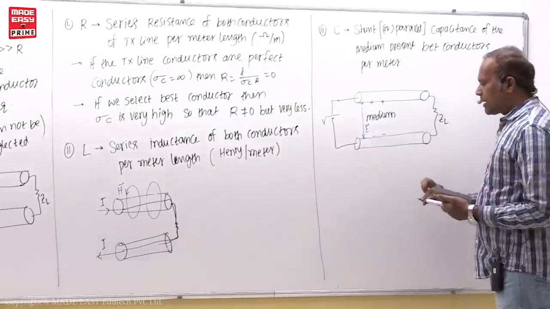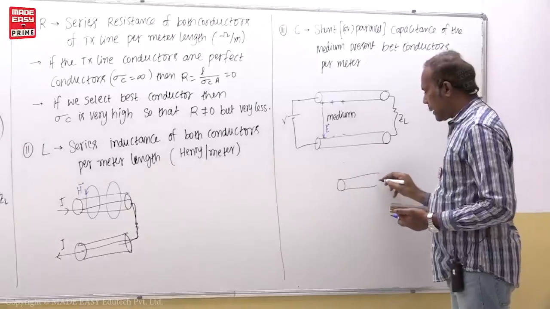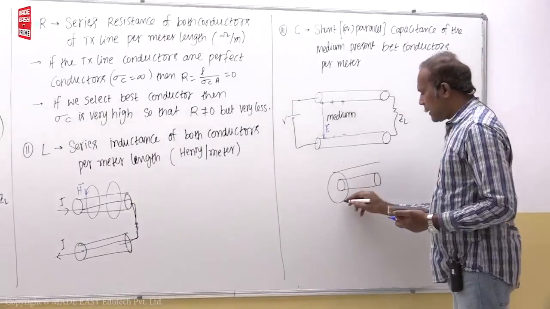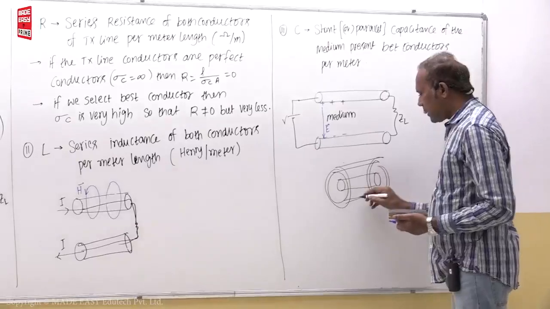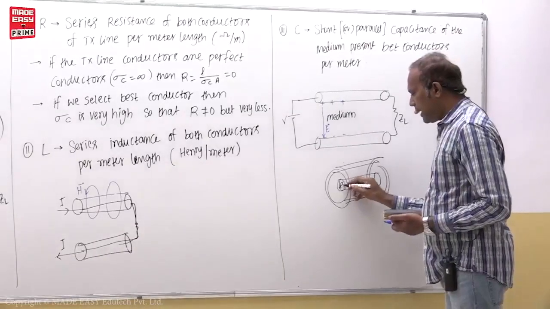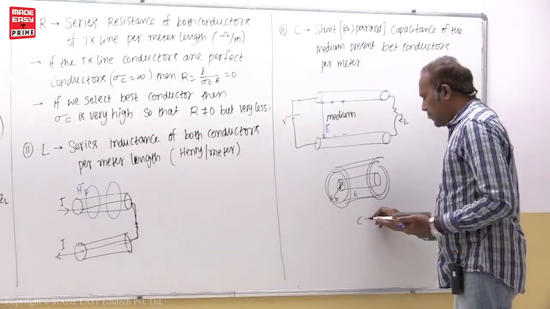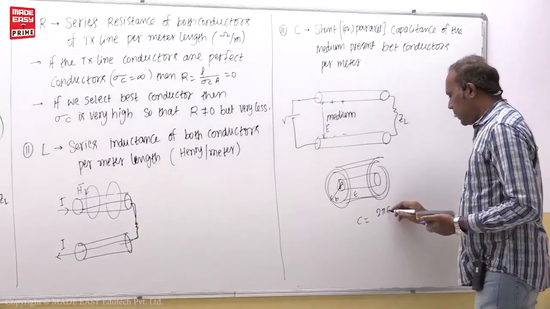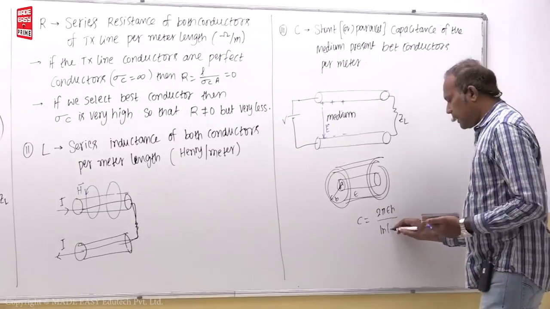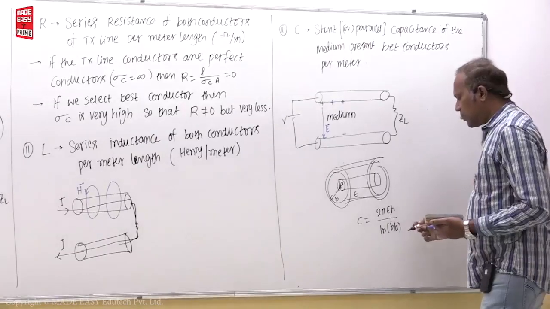Now for example, for a coaxial cable, this is the inner conductor and this is the outer conductor. If the medium is epsilon, this is radius A and this is radius B, then capacitance we have calculated as 2 pi epsilon h divided by ln B by A. Per meter means h is equal to 1.